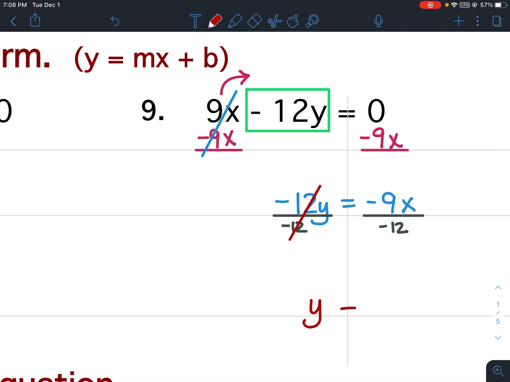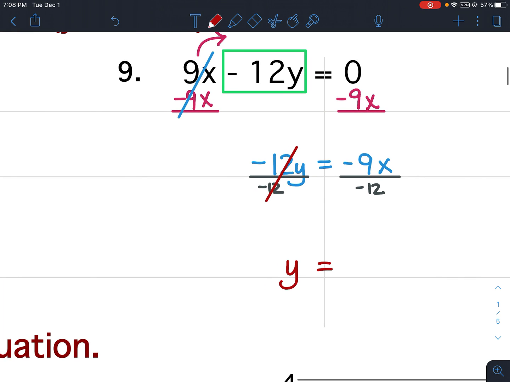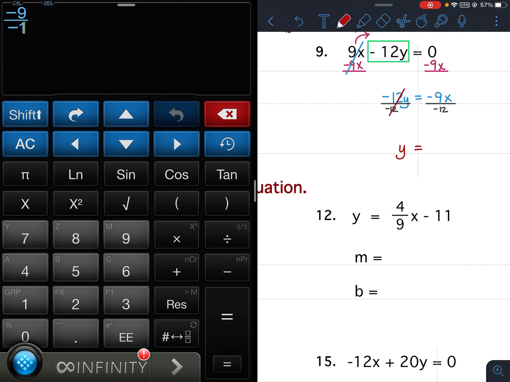So y equals, I already have it in the calculator. So negative 9 over negative 12, I want it as a fraction, that would be positive 3/4.